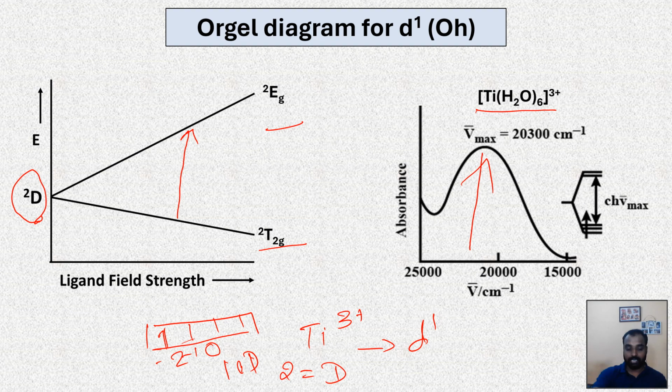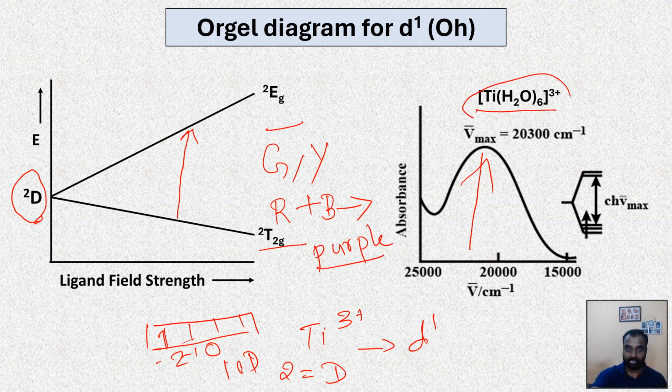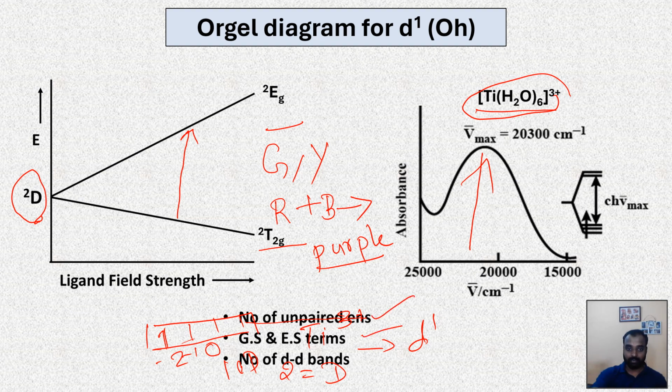That means it absorbs energy in the region of green and yellow and transmits energy in the region of red and blue, so it looks purple. The hexaaqua titanium complex has a purple color. Here we can understand the number of unpaired electrons, ground state terms and number of d-d bands. For the titanium complex there is one d-d band.